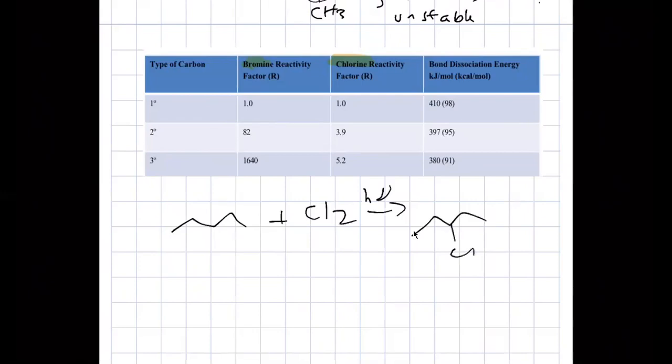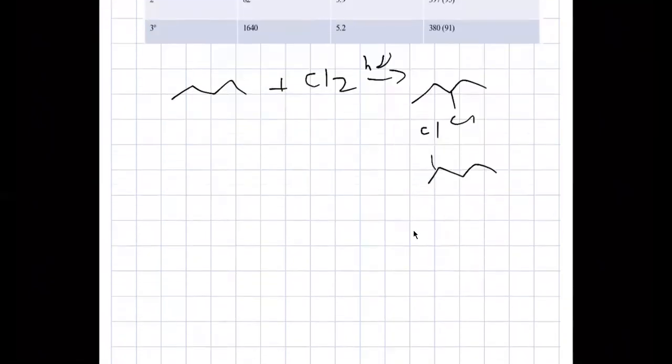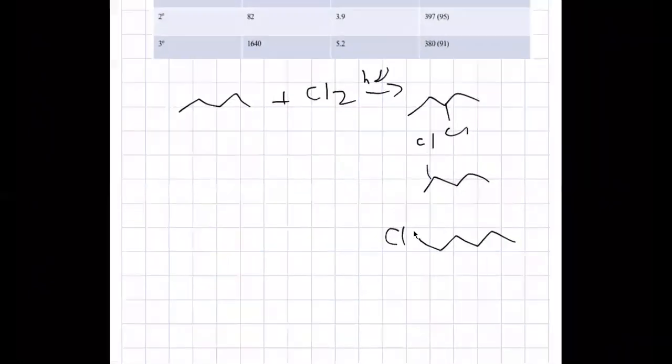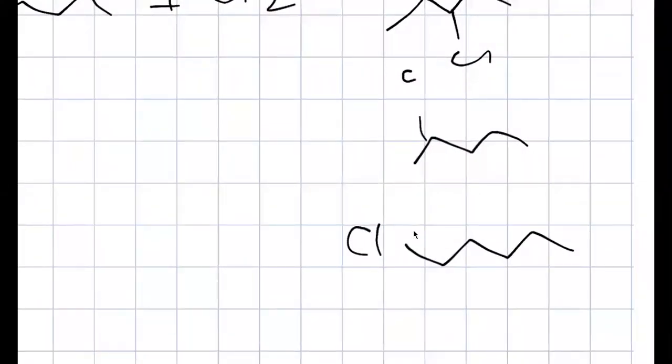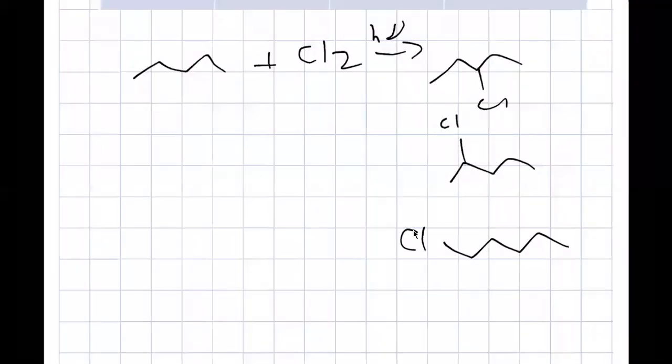This is one, this is the other again, and that's one. All right, so how do we figure out the percentages of these? Let's do that. So we know all about primary, secondary, tertiary. We know all that good stuff. All right, so let's figure this out.